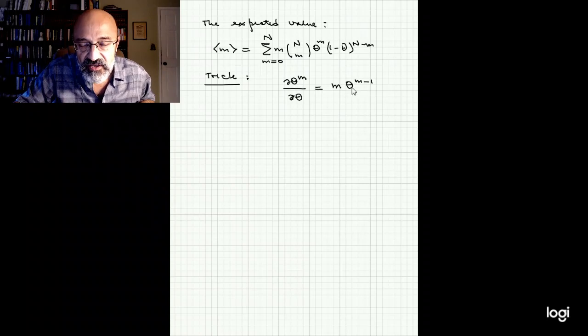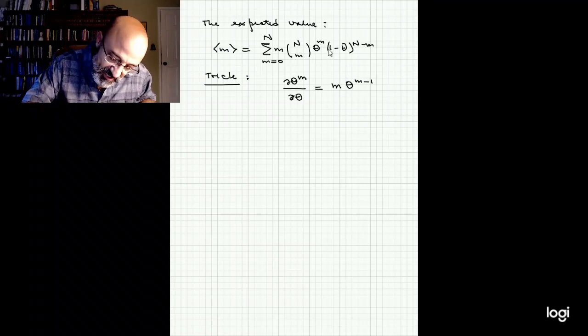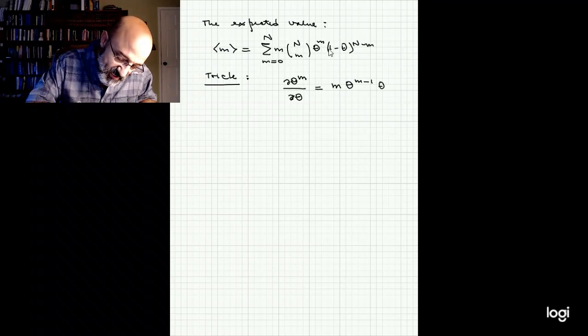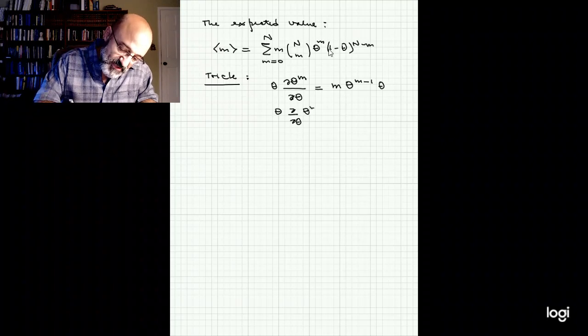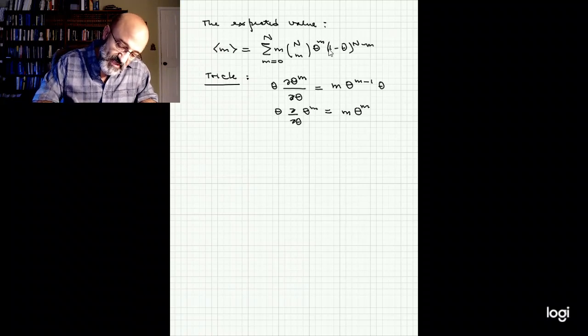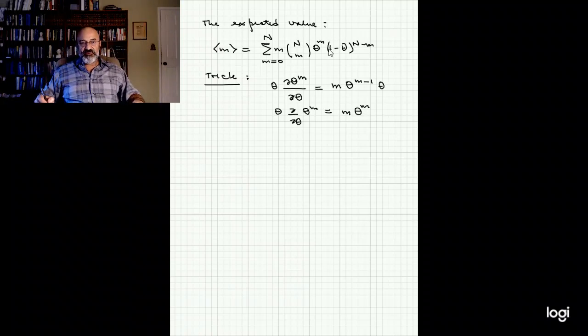Now, of course, what you're getting here is theta^(m-1), so you spoil that object there. So let us multiply both sides by theta. And so the little formula that I'm going to be using here is that theta d/dtheta applied to theta^m gives you m theta^m. So that's the little trick we're going to use here.